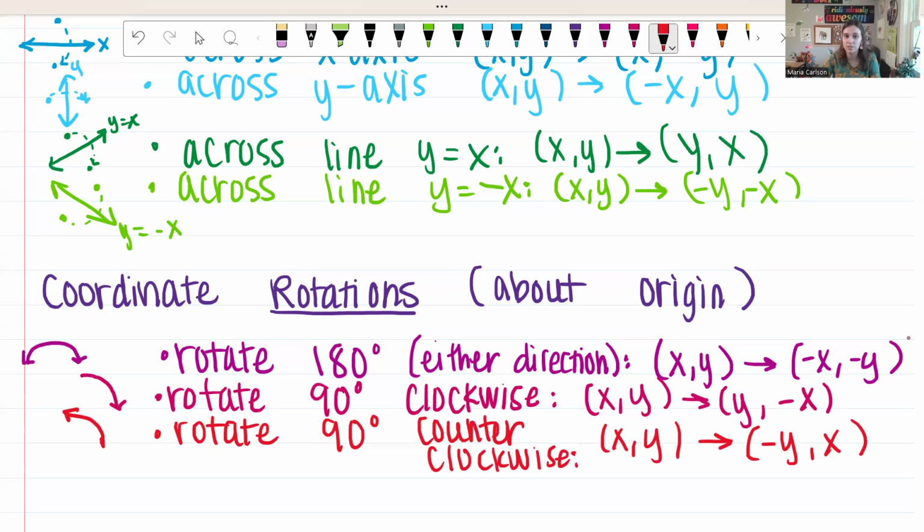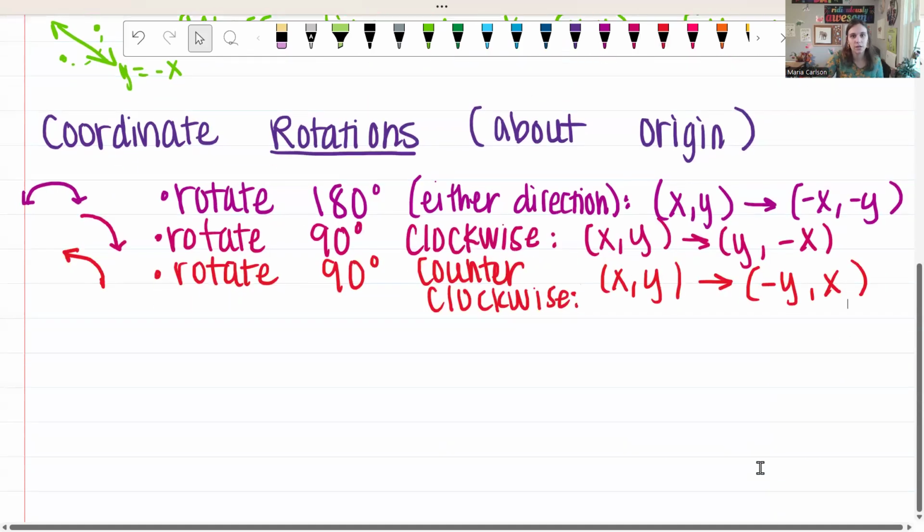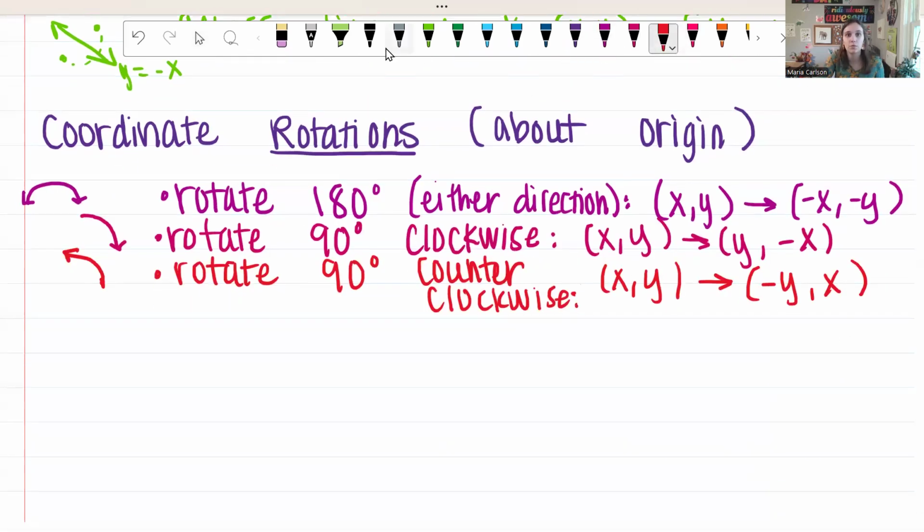So notice in both of these, whether you're going clockwise or counterclockwise, the y and x will rotate positions. If you're going 90 degrees clockwise, your x is going to become negative, and counterclockwise, your y. This takes practice working with. All right, next I want to talk about coordinate translations.